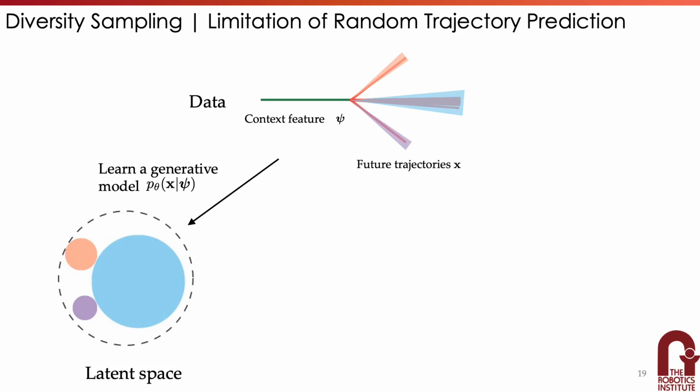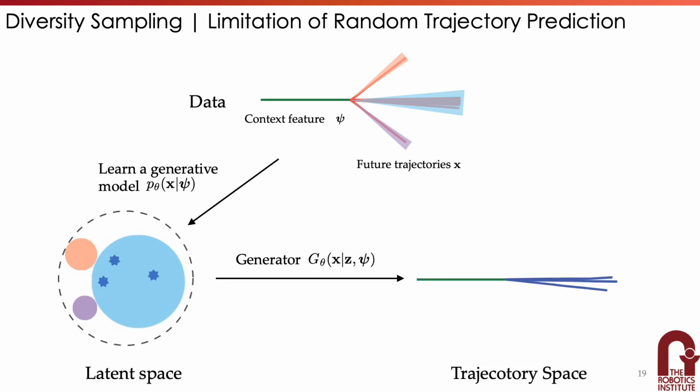If we learn a generative model using this imbalanced data, the latent space will mostly be occupied by the blue mode. To obtain trajectory samples from the learned generative model, the standard approach will independently and randomly sample latent codes. Because the blue mode has higher likelihood, samples will most likely cover the blue mode and may miss other modes.